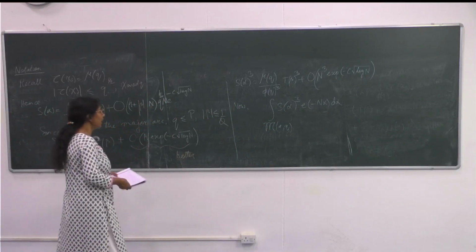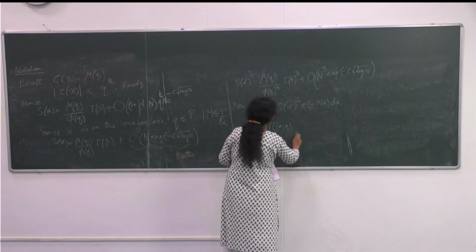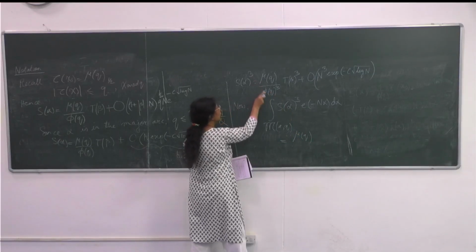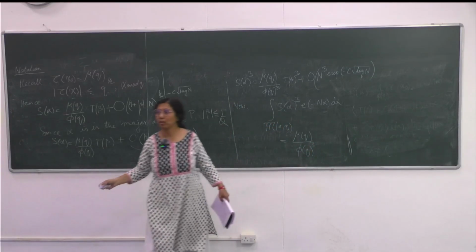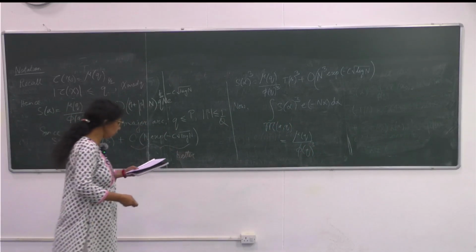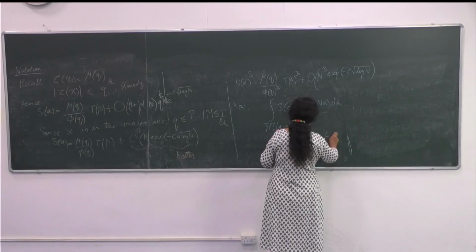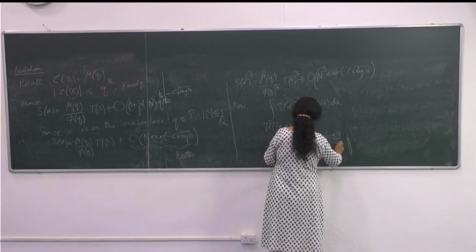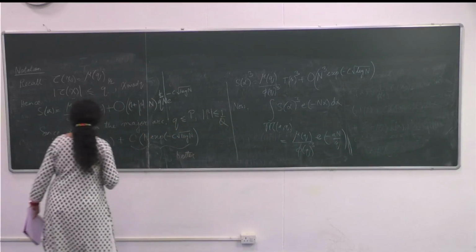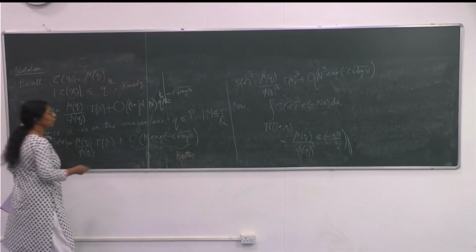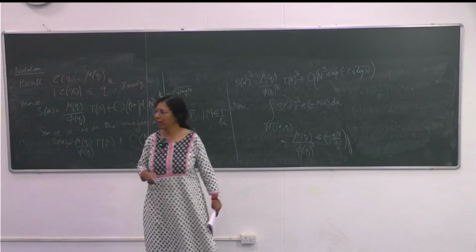We write everything back. It's sum of mu of q over phi q cubed, exponential minus an by q. And then my integral, because I am over A q in the major arc, therefore my beta is less than or equal to 1 by q.